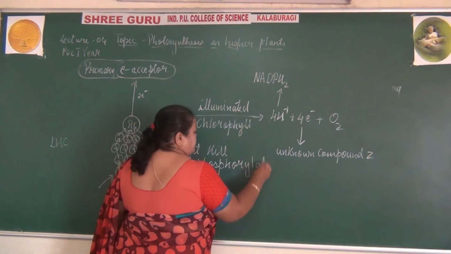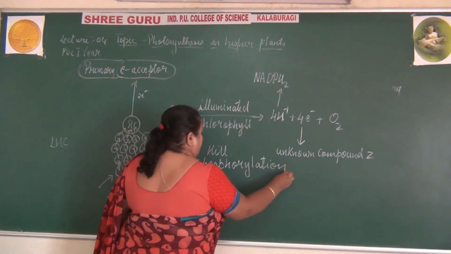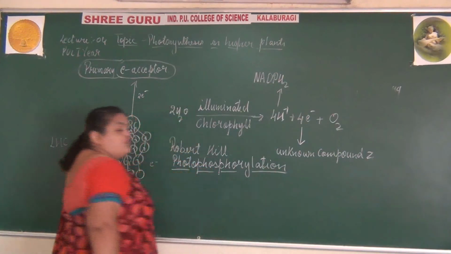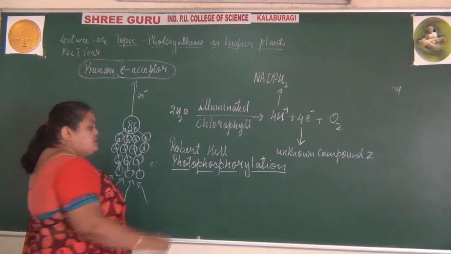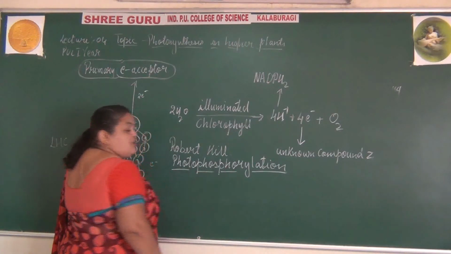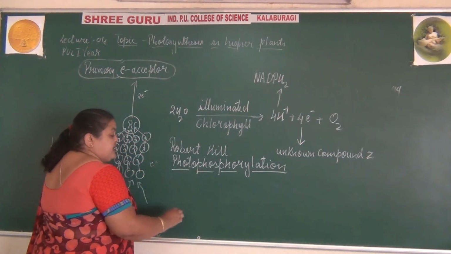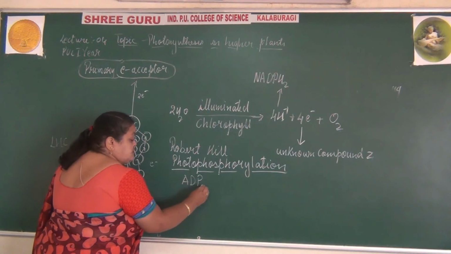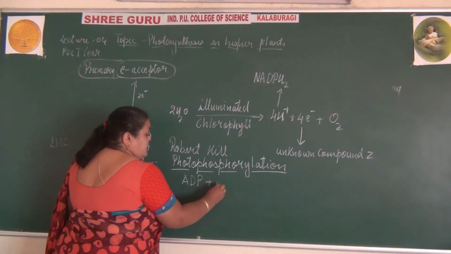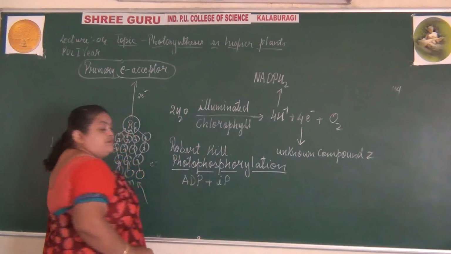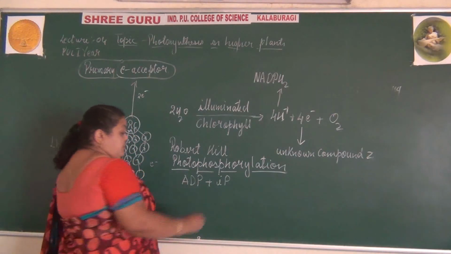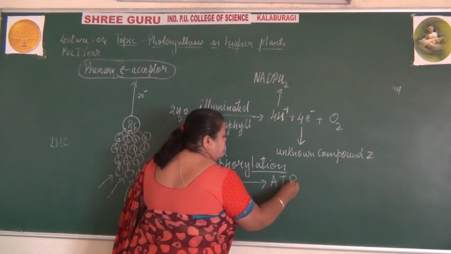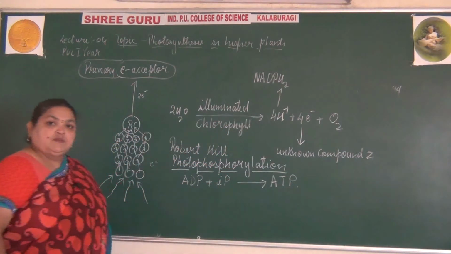Then the third process is photophosphorylation. The common meaning of phosphorylation is that adenosine diphosphate combines with inorganic phosphate to form adenosine triphosphate.